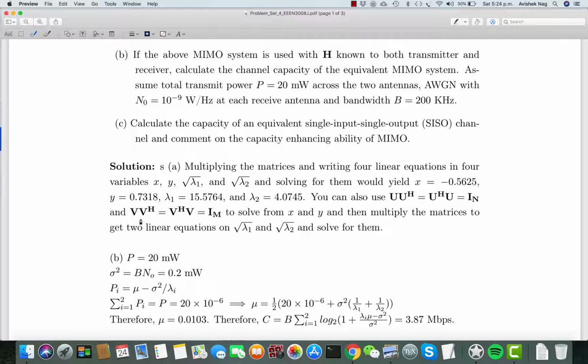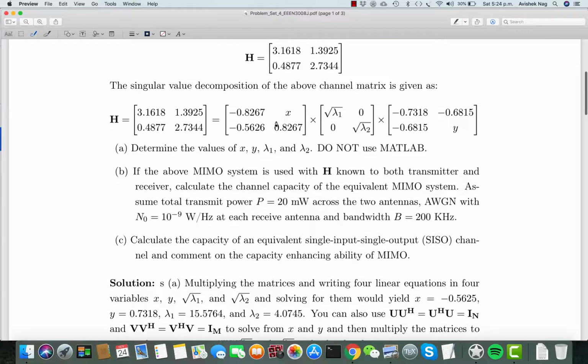Similarly, V Hermitian V equals I_m, an identity matrix of order m, where m is the number of transmit antennas. You can use this very intelligently to calculate this part.